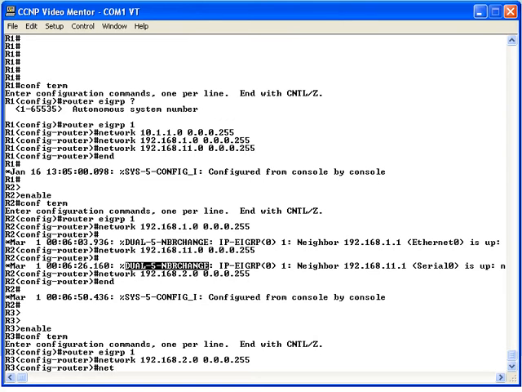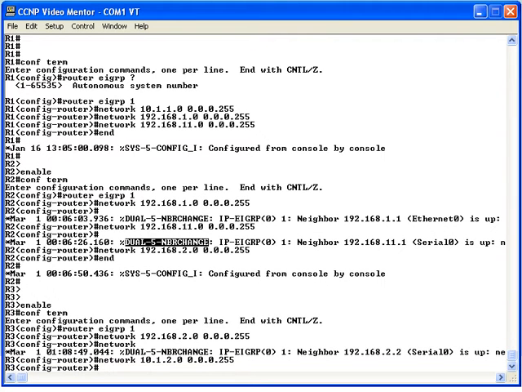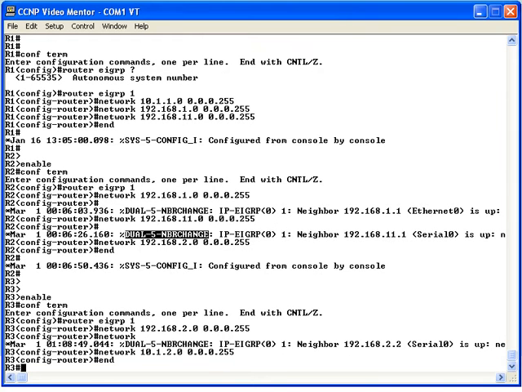Our next network statement is going to be network 10.1.2.0 with a wildcard mask of 0.0.0.255. Again, we get a neighbor change statement indicating that we have formed a neighborship.